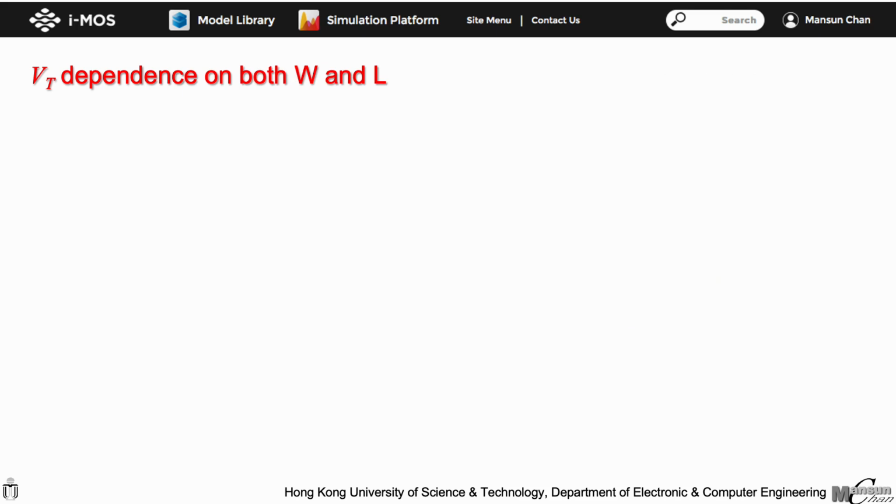So far, the way we add VT dependence on W and L assumes that the changes of VT with respect to L and W are uncorrelated. However, it is not true, as the way VT varies with L at wide channel device and narrow channel device can be different.